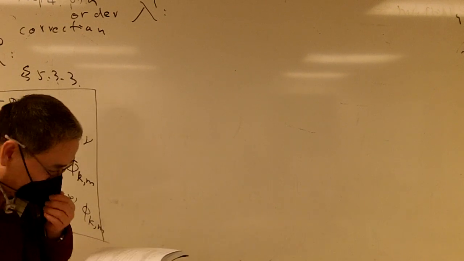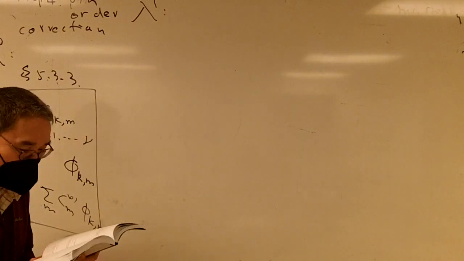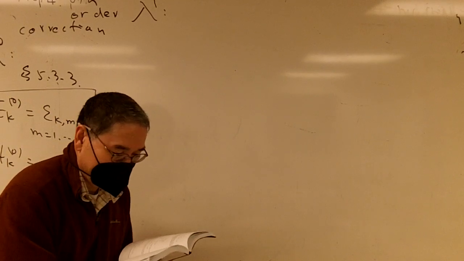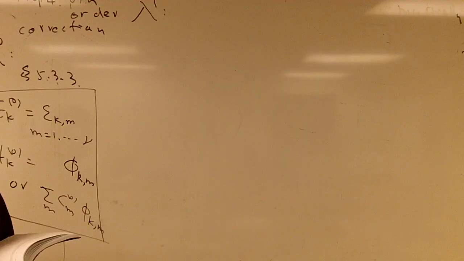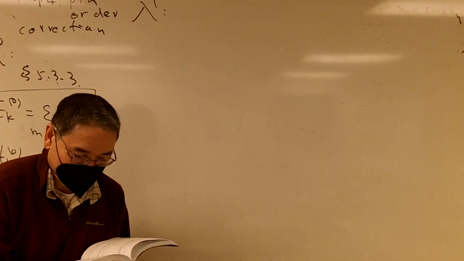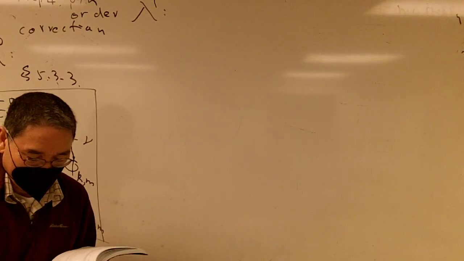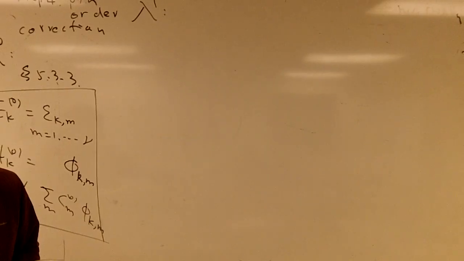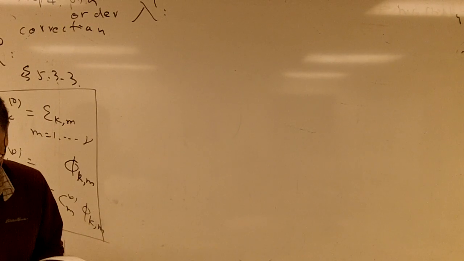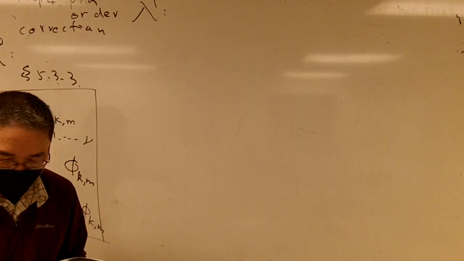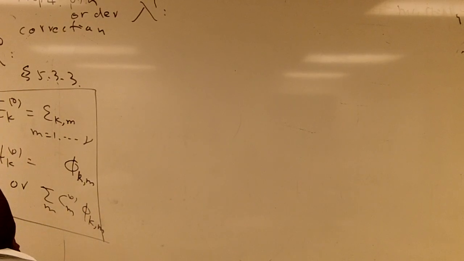We multiply bra phi sub k from the left and iterate the resultant equation to form the summation from i equals 1 to mu, open quantity c sub i 1, bra phi sub k, h naught hat, ket phi sub i plus c sub i 0, bra phi sub k, h sub I hat, ket phi sub i closed quantity equals the summation from j equals 1 to mu, open quantity e sub k 0 c sub j 1, bra phi sub k, ket phi sub j plus e sub k 1 c sub j 0, bra phi sub k, ket phi sub j closed quantity.